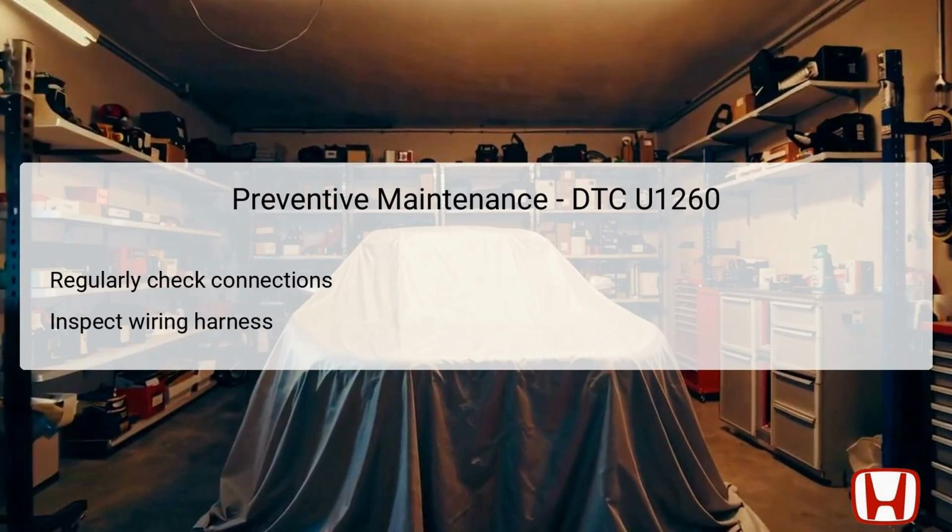Regularly check all connections associated with the auxiliary transmission fluid pump and TCM for any signs of corrosion, looseness, or wear. Conducting periodic inspections of the entire wiring harness can help identify early signs of fatigue or damage that can disrupt electrical signals. Keeping the connectors clean and tight will greatly reduce the chances of electrical communication issues.